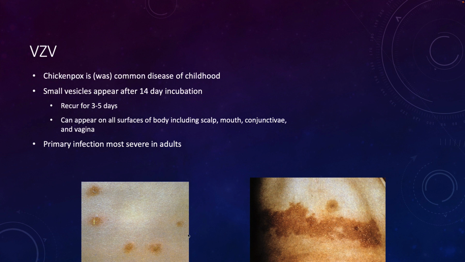So that's why adults actually might have a more severe primary infection, because they have such a strong or robust immune system when compared to very young children. Now, that is not to say that very young children don't get severe disease, but it is part of the reason that people wanted their children to get chickenpox rather than their teenagers or young adults.